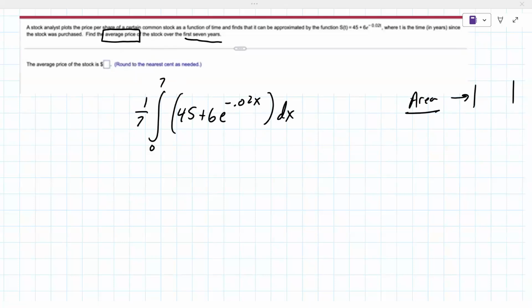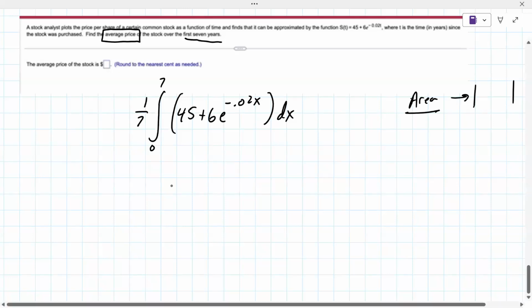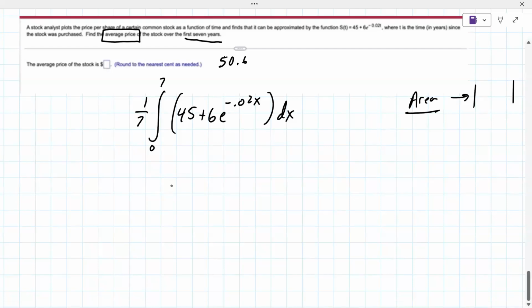All right, same thing. You're going to round here, so if you want, put this in your calculator. I got 50.59, which rounded is up to 50.60, because after the 9 is an 8: 50.598.